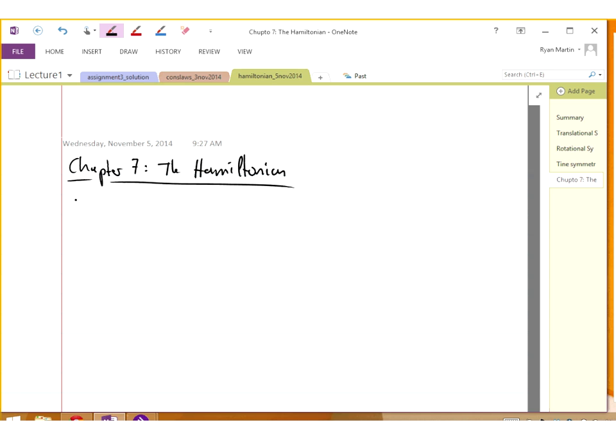So let's just recall mathematically what we've done so far in the Lagrangian formalism.